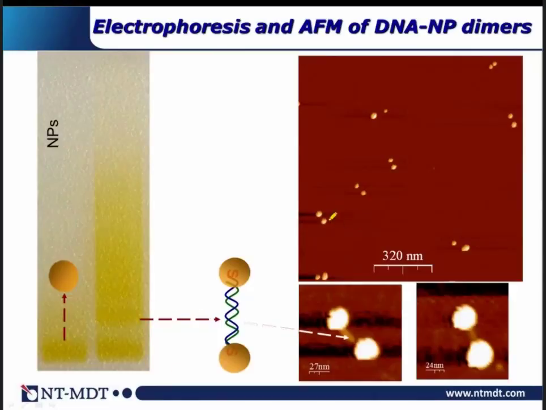You deposit it on the surface, and you see dimers. Here are the dimers. If you approach this dimer and blow up the image, you see not only the particles, which are 20 nanometers in diameter, but also a DNA bridge connecting those particles. So we got these conjugates where 2 particles interact with the same DNA molecule. I'm not going to talk about imaging or measuring their conductivity.